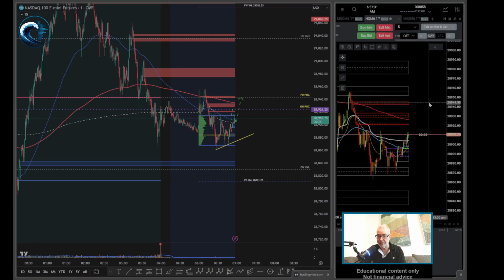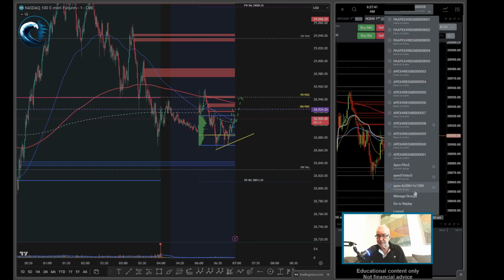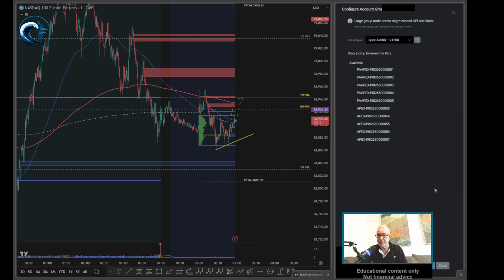The theory being to run these at the same time, I've got 2 contracts in my copy trading. How do I bring that up?